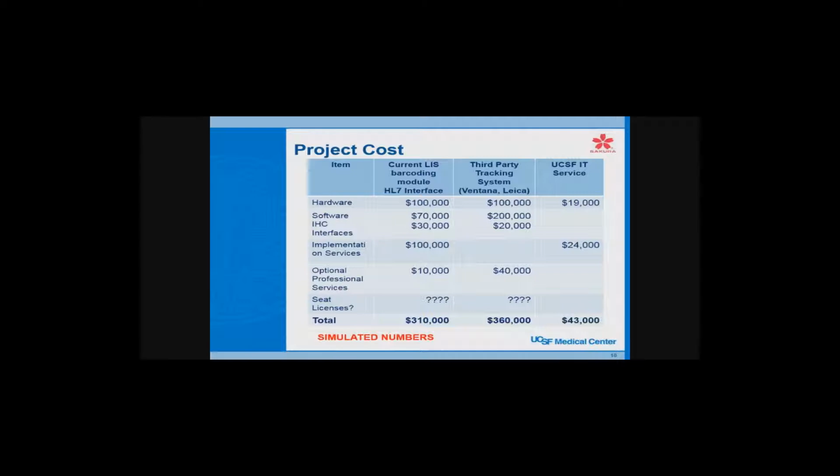But as you can see, the cost is pretty similar, and a couple of things came up that turned out to make the Ventana and Leica systems not a good deal for us. During the two-year time period that we spent investigating the systems, CoPath upgraded their system enough so that it was pretty much a match for either Ventana or Leica.